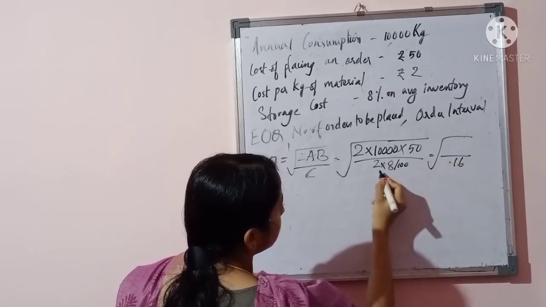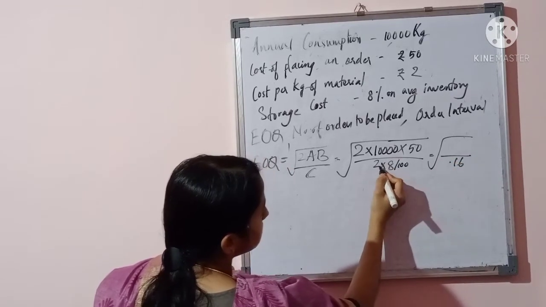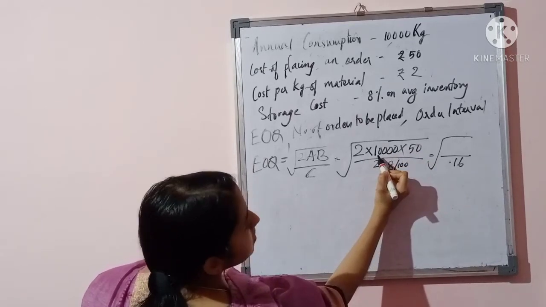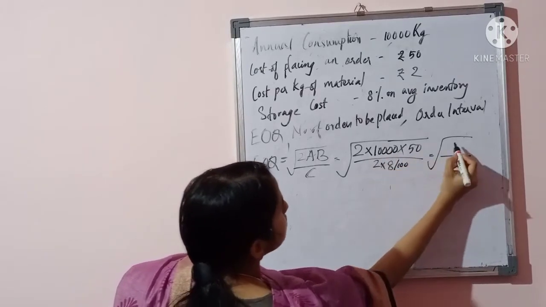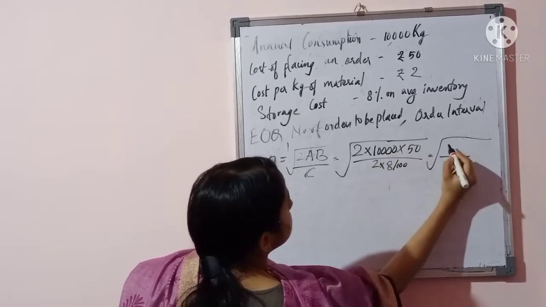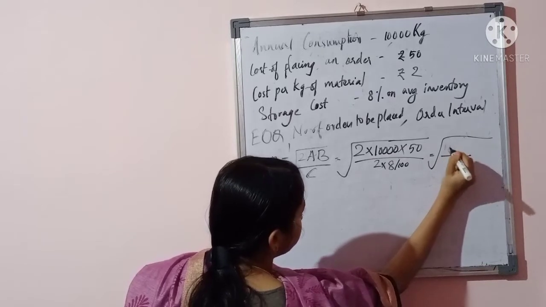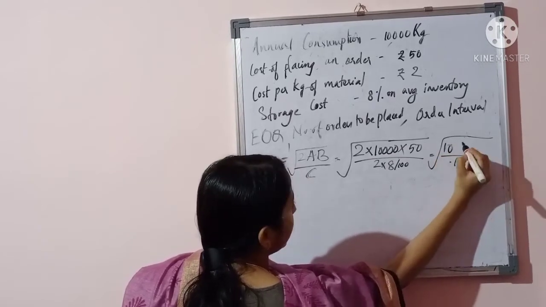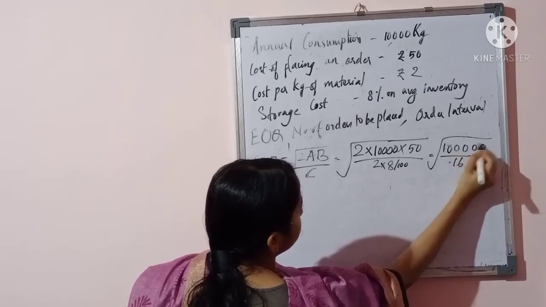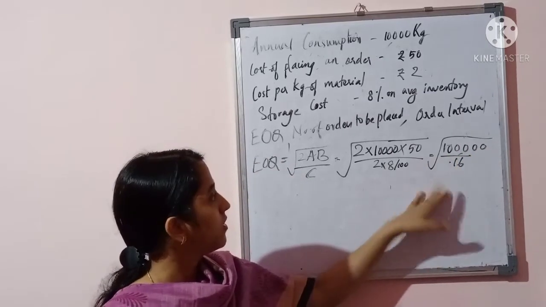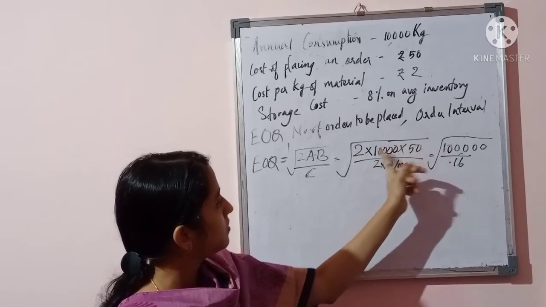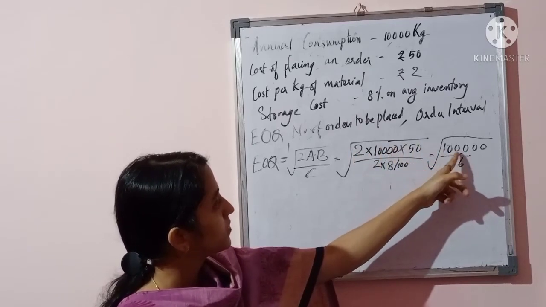Here 0.16, and here 2 into 10,000 into 50 is 10 lakh. 10 lakh divided by 0.16, is it okay?